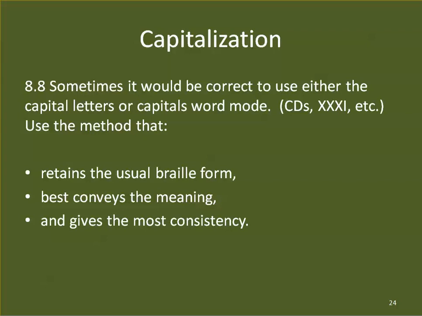Normally, CD is grade 1 mode indicator, capital word mode, capital C, D. We don't individually capitalize the C and the D. So when we have CDs, it'll take some more space, and it seems a little bit more cumbersome to have grade 1 mode indicator, capital CD, terminate the capitals word mode, and then S. However, if we were to capitalize C and D individually in that instance, it doesn't look or feel like CD usually looks or feels. And so we're going to keep the usual Braille form and use the grade 1 indicator, capital CD, terminate, S, for that.